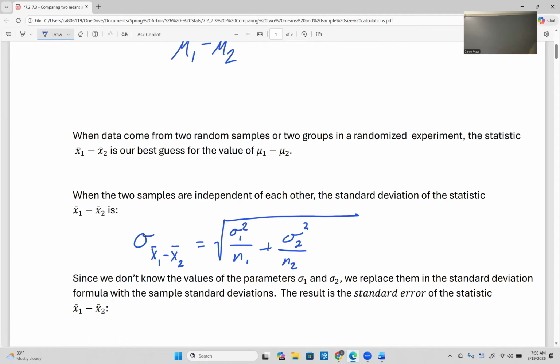We don't know the standard deviations of the population. That's where our t-test is coming in.